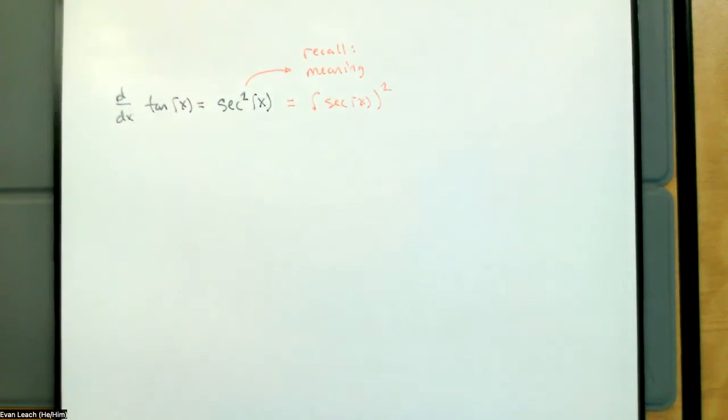So just remember that when we write secant squared, we mean the square of the secant of x. The order of operations is take the secant of x, then square the result. But that's an interesting thing that tangent does. The derivative of tangent goes to secant squared.